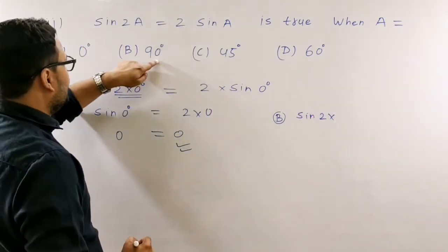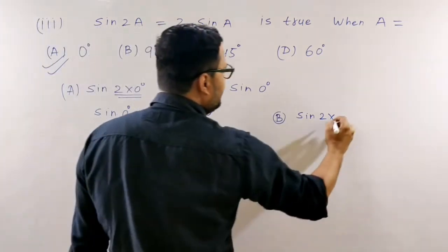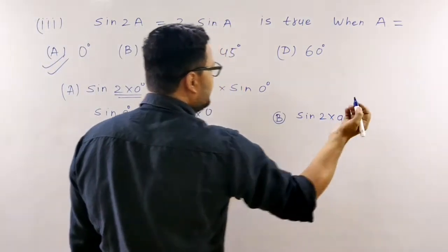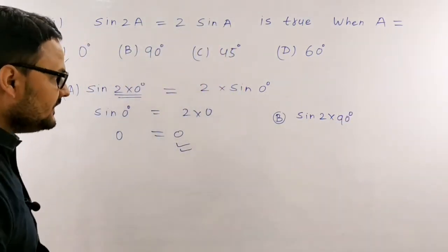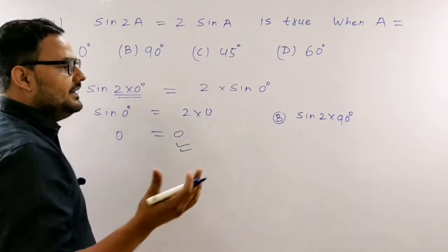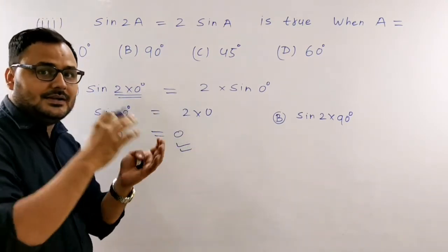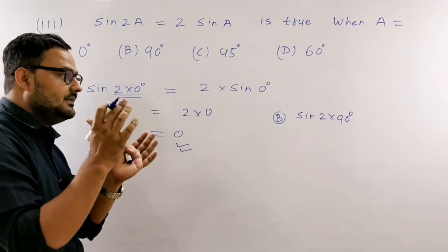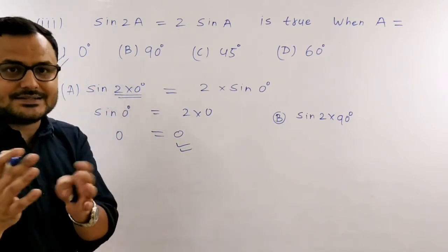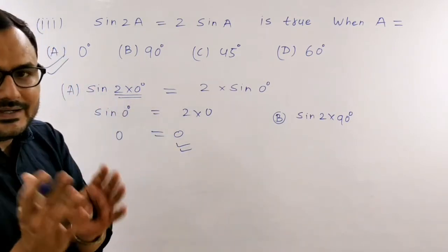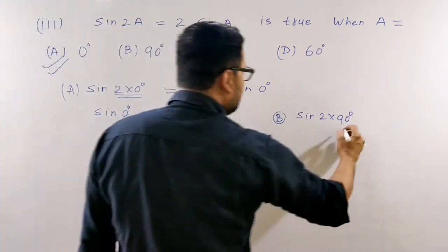Now A I am going to take as 90. So 2 into 90 degree becomes 180. Sin 180 we have not done, we will do that in first PU class, so leave it, you will get confused.